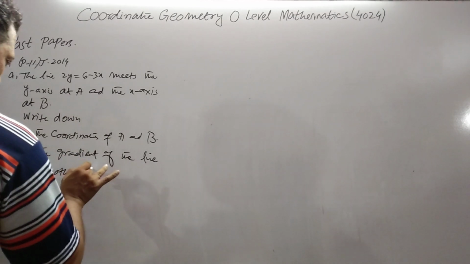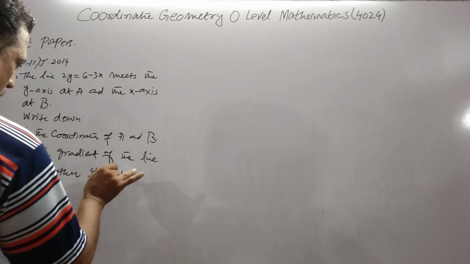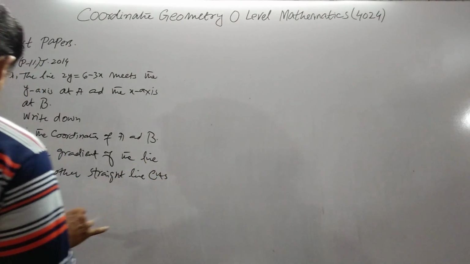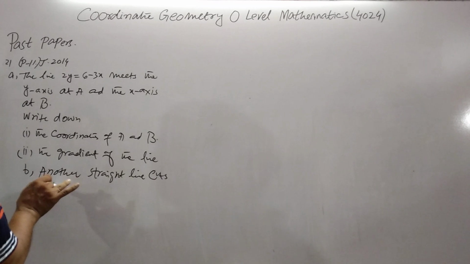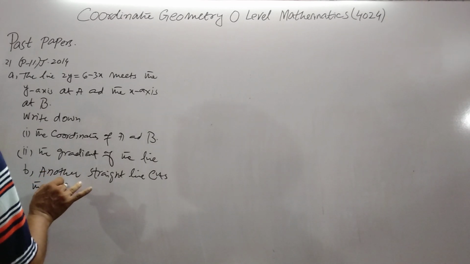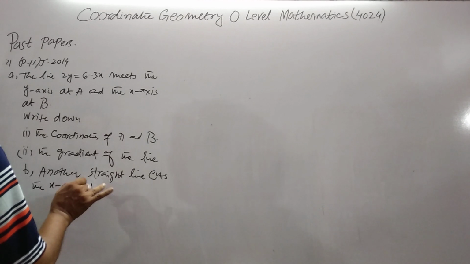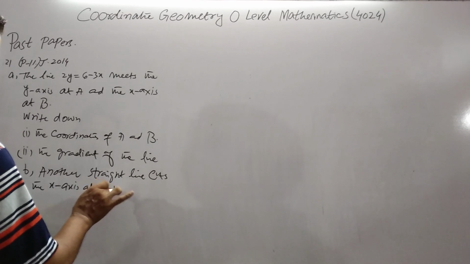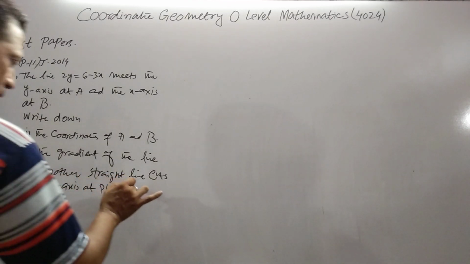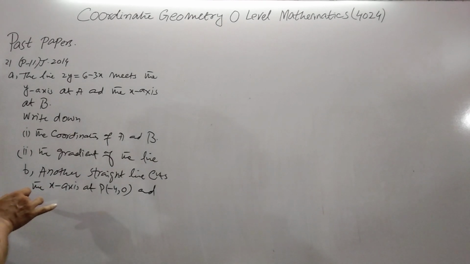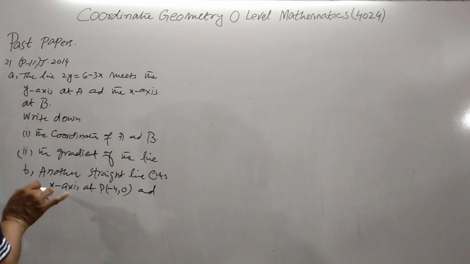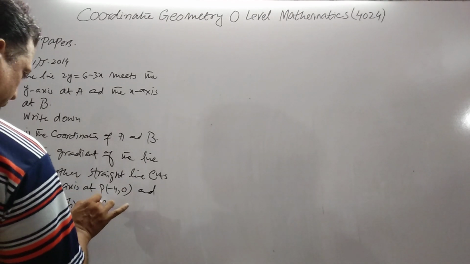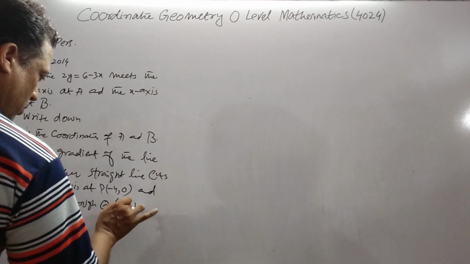Part B, another straight line cuts the x-axis at P (minus 4, 0) and passes through Q (2, 18).